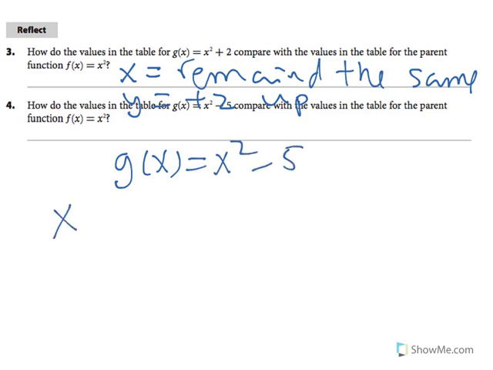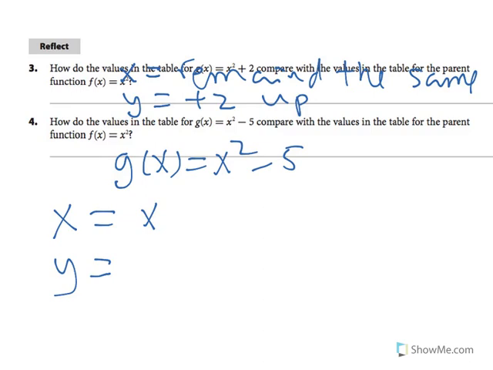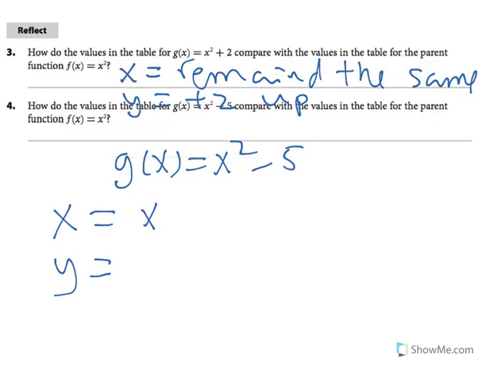The x goes to our x, and our y goes to our new minus 5. So our y goes 5 units down.